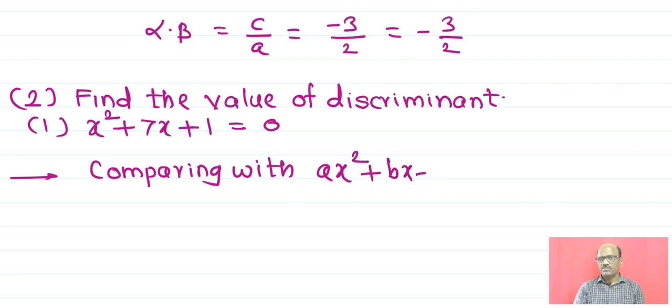The value of a will be 1, b is 7, c is 1. Therefore, a is equal to 1, b is equal to 7, c is equal to 1.